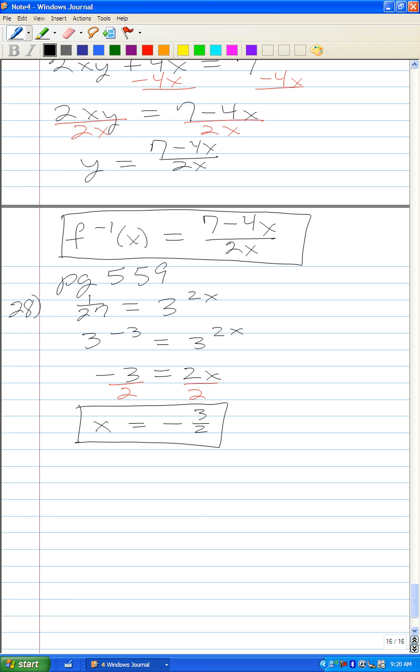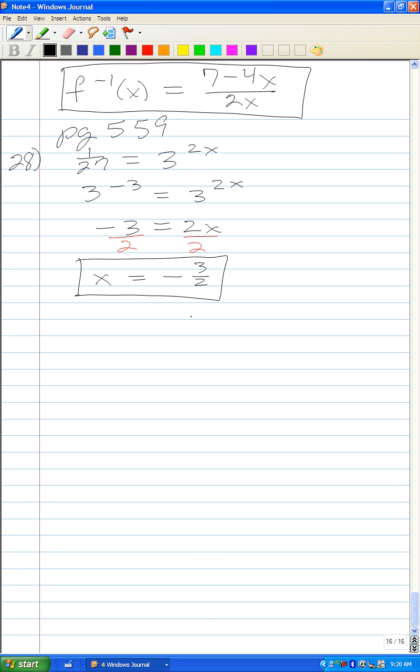Let me do problem number 36. 4 to the power 3x minus 7 is equal to 32 to the power 2x.